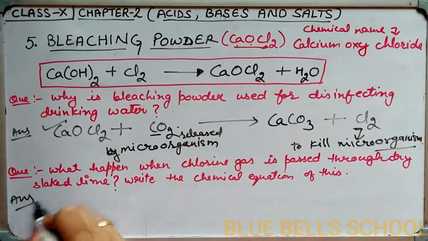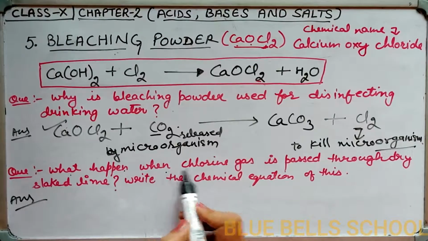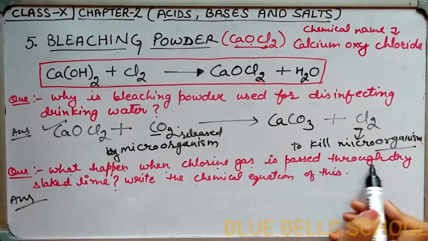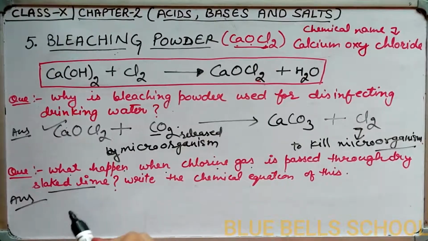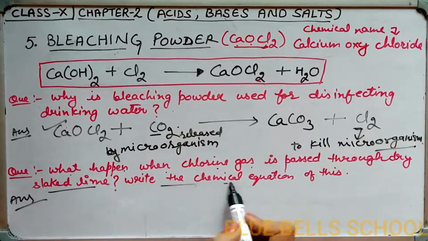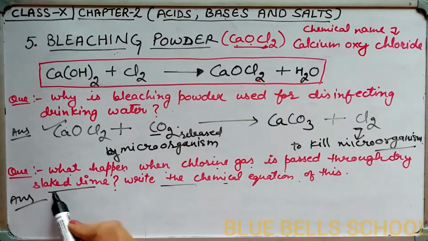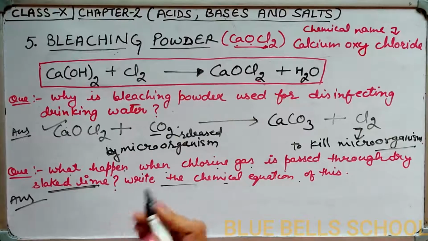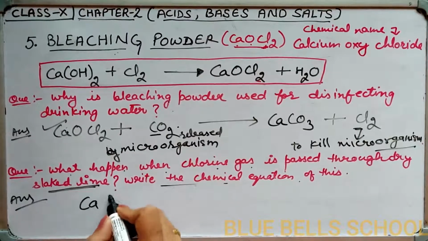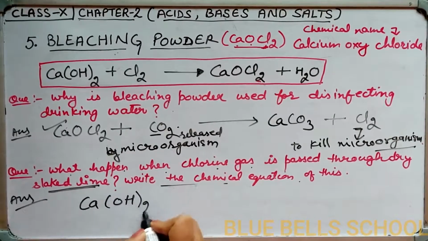Second question, what happens when chlorine gas is passed through dry slaked lime? Write the chemical equation for this. What is dry slaked lime? Dry slaked lime is calcium hydroxide.